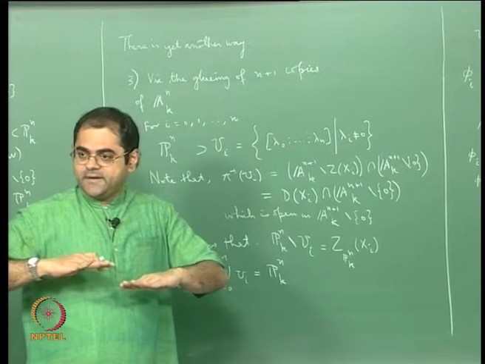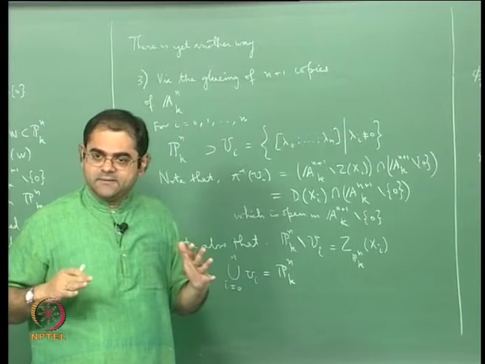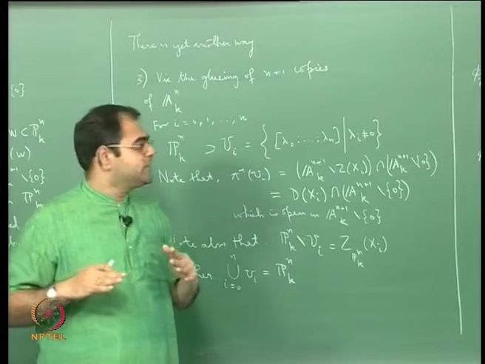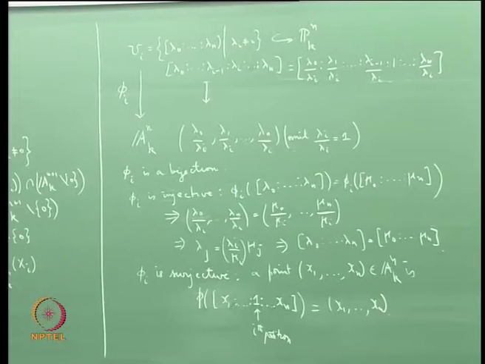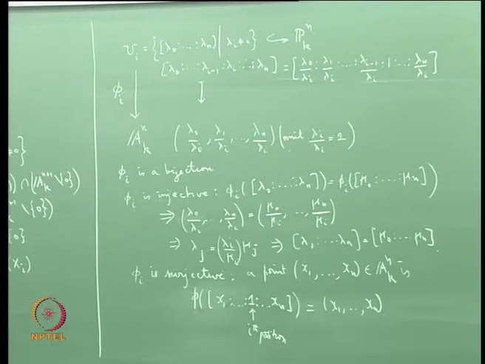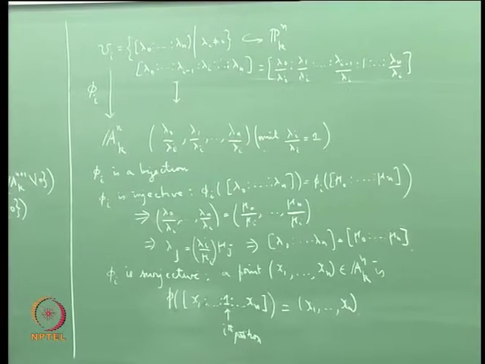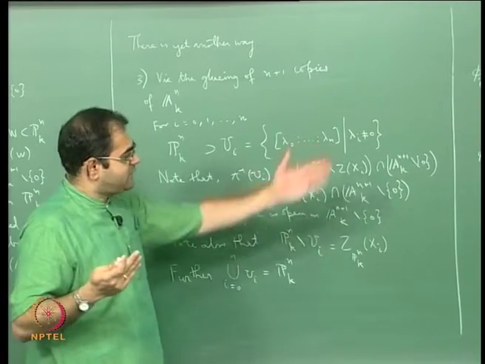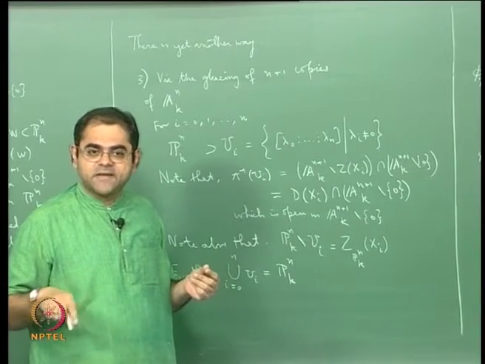That is analogous to the compatibility of charts which involves the transition functions being good, and in this case the transition functions will be just xi by xj.